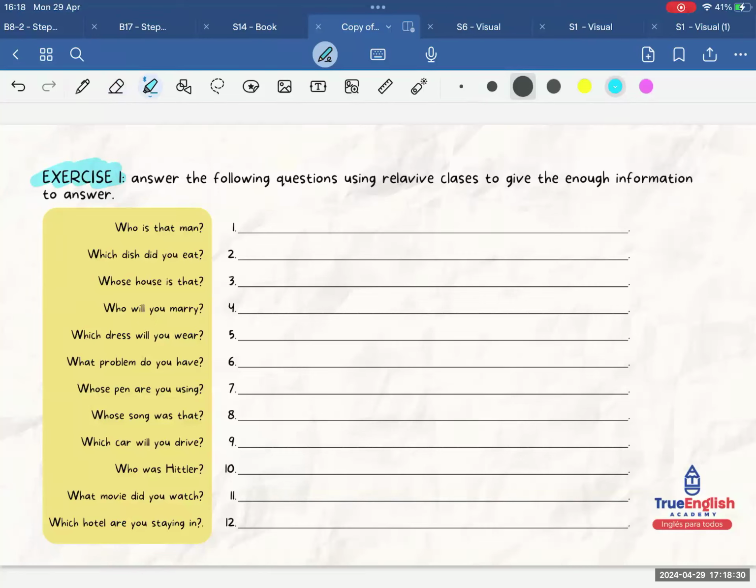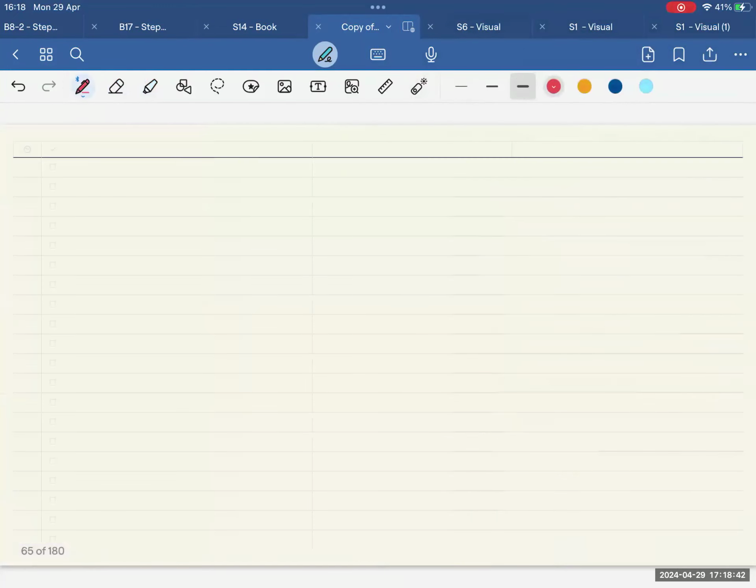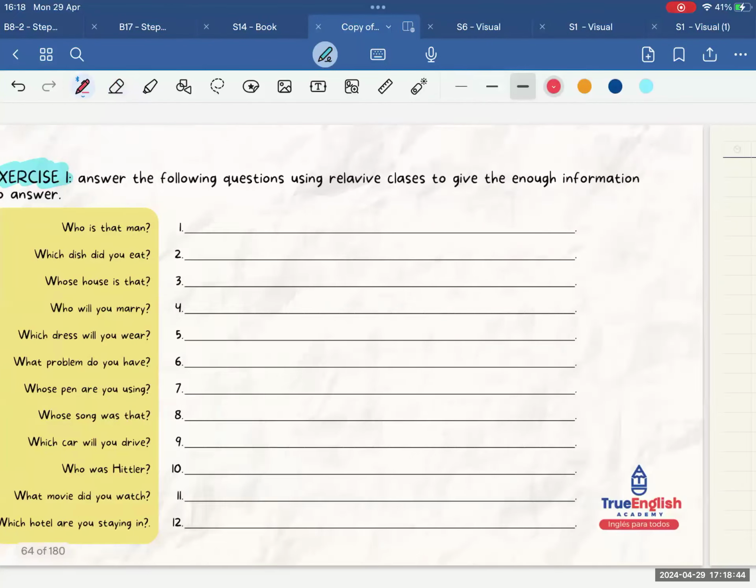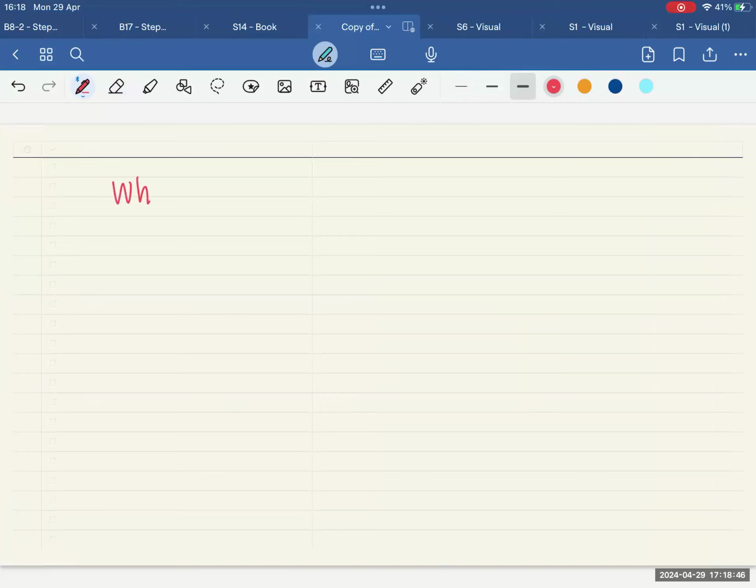Answer the following questions using relative clause to give enough information to answer. Thank you, Paulette. All right. So this is something like this. Look, number 1 is, who is that man? We understand the question, right?